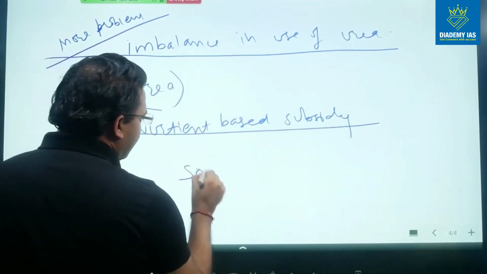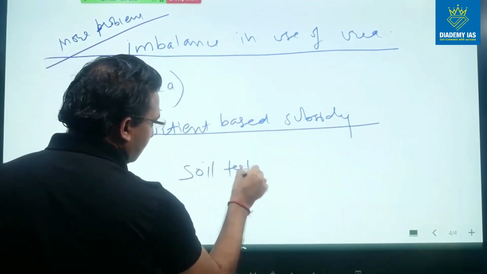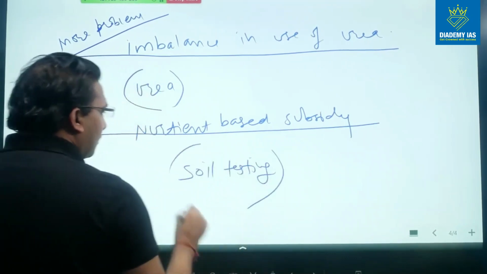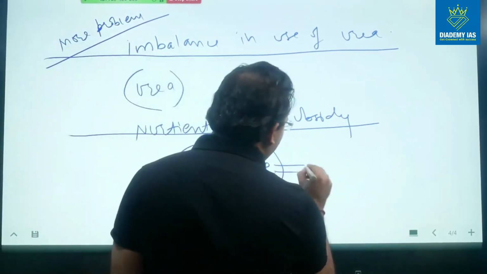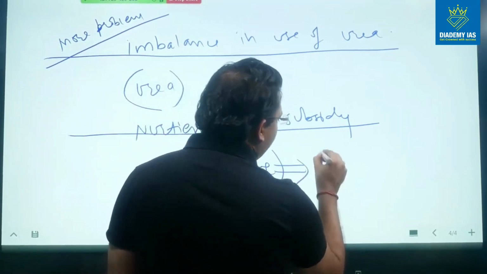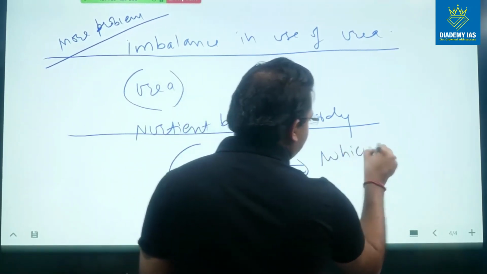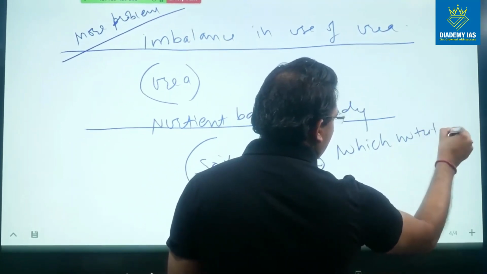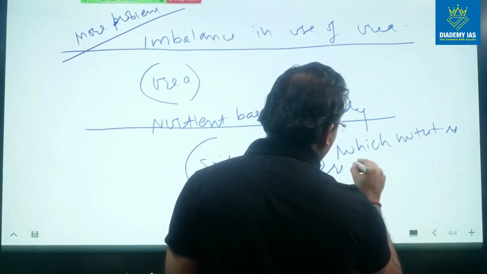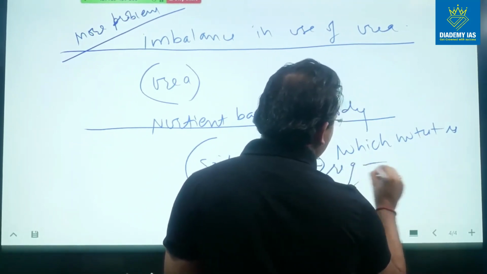Government will do soil testing, and based upon soil testing it will determine which nutrient is required for a particular soil, right?